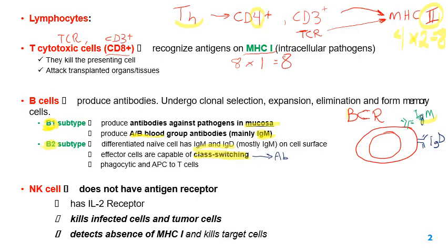Okay, so after your B cell becomes an effector cell, it is going to be able to interact with T cells and is going to further differentiate and become even more specialized and more effective at killing pathogens.